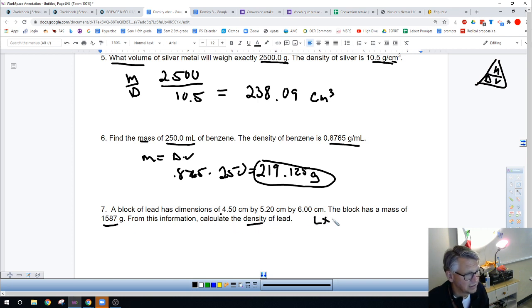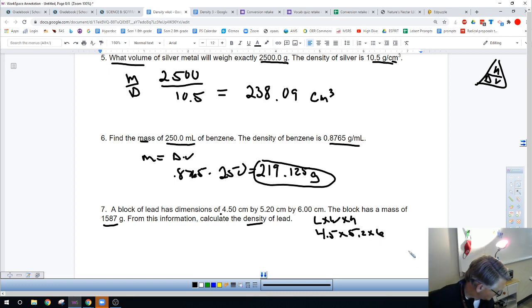Well, we need to take length times width times height, or 4.5 times 5.2 times 6. That is equal to 140.4, and that's going to be labeled in cubic centimeters.